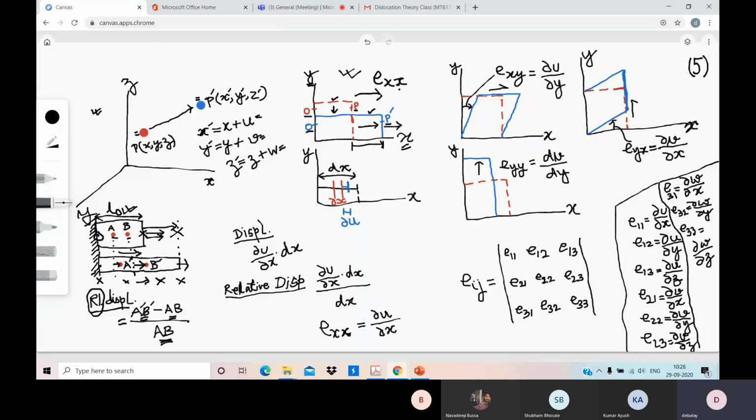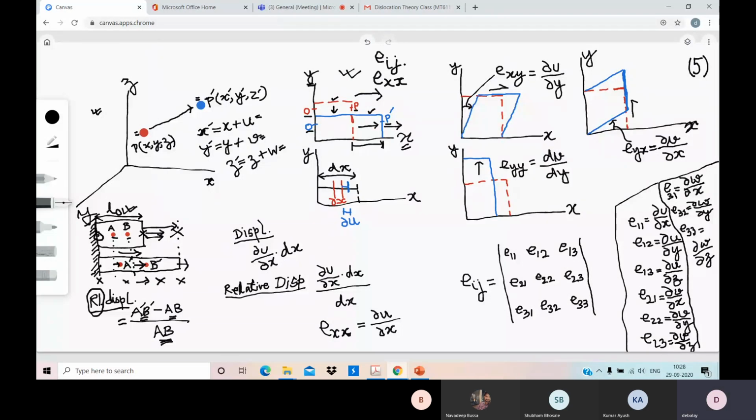This is the relative displacement shown in this plot. If I write it in a more general form, Eij, there the i stands for the direction towards which the point is moving. Here the point is moving towards the direction x, and j stands for the direction to which the movement is proportional.